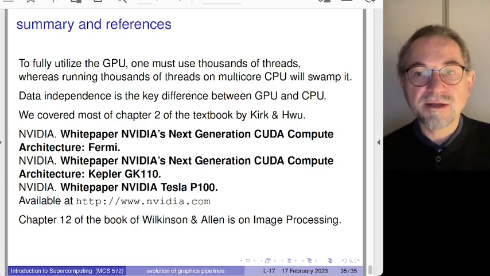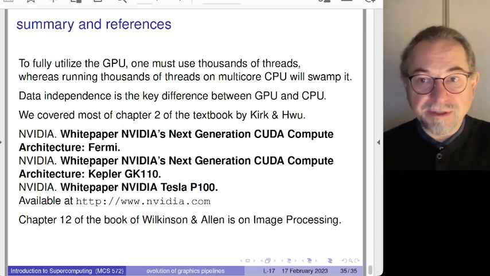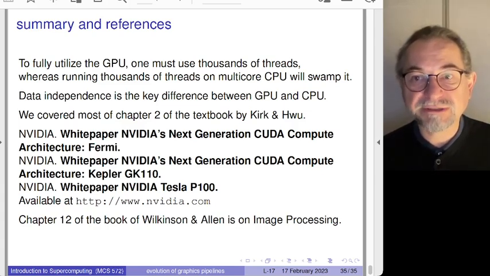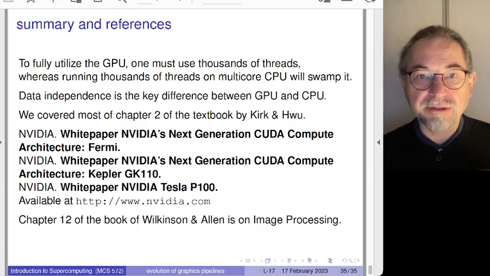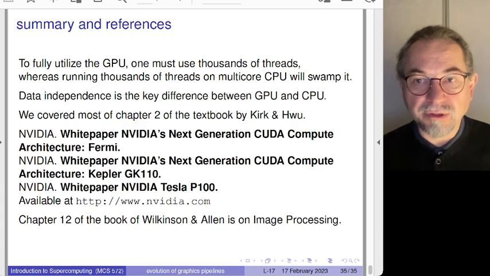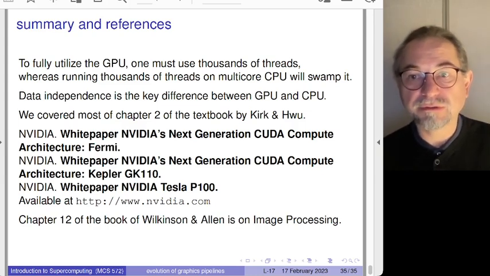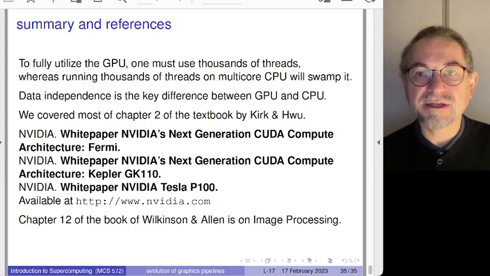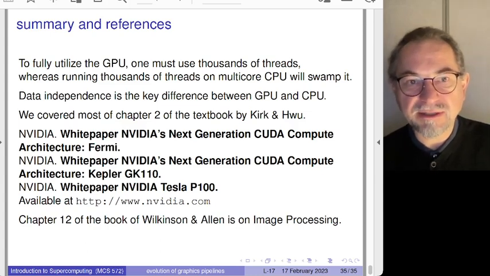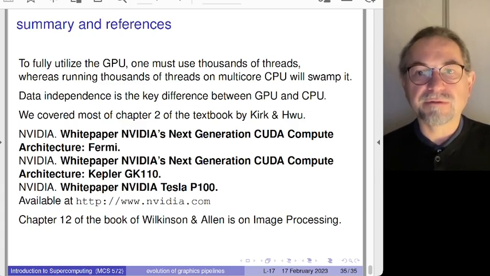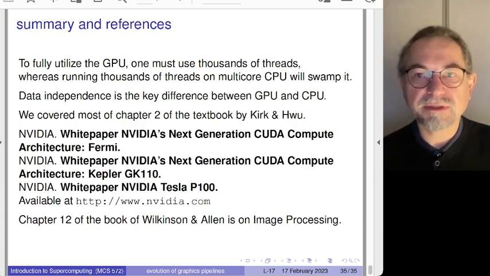With instruction level parallelism, to fully occupy the GPU, one must schedule a number of threads that is a multiple of the number of cores. If you would have that thinking with multi-threading and multiprocessing, that would be extremely bad. With multitasking, we have seen that we can generate an exponential number of tasks and still not swamp the CPU.